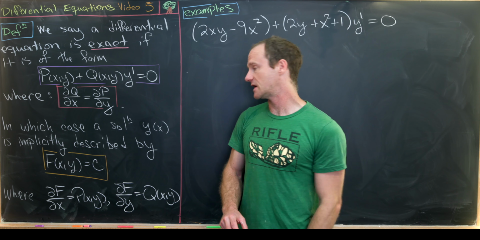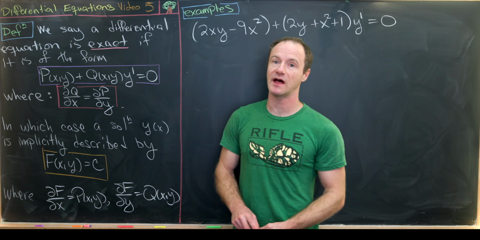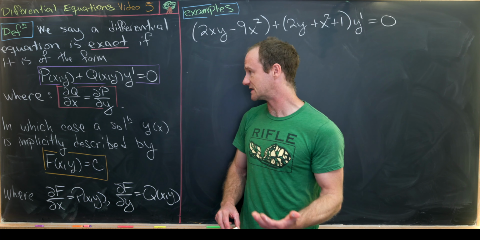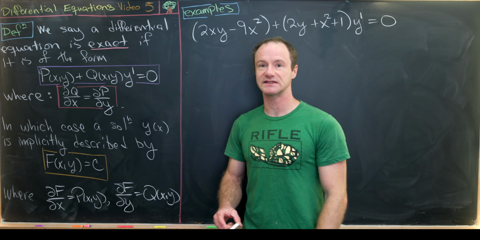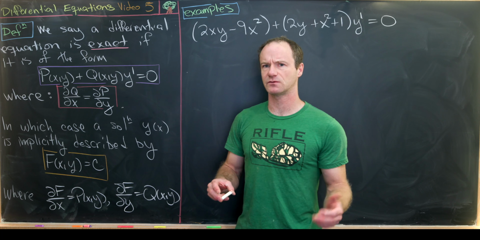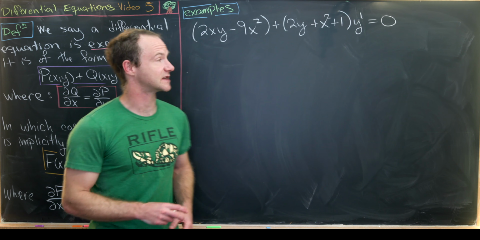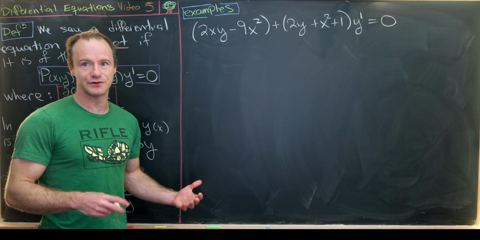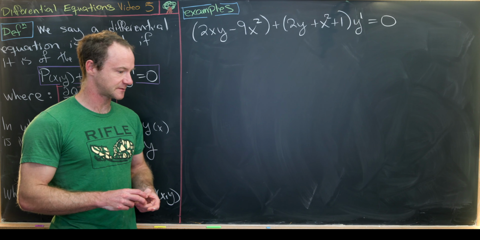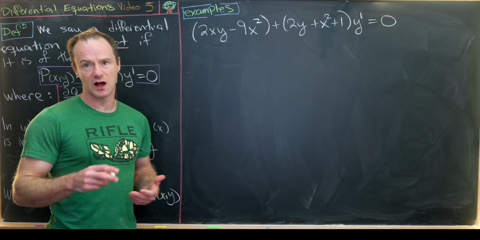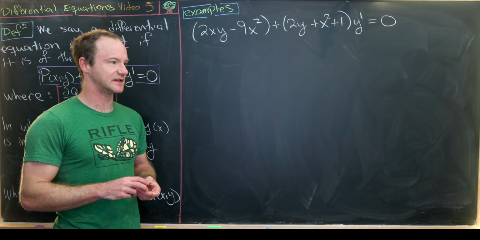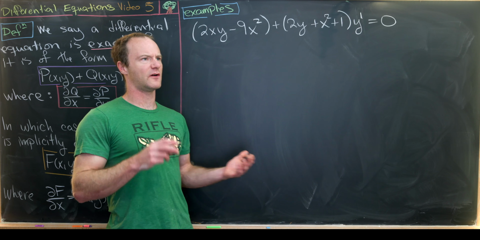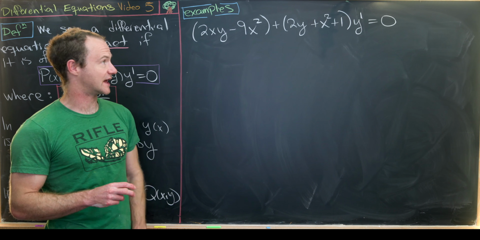And like we said before, this function capital F is guaranteed to exist based off of this exactness condition and some results from a multivariable calculus type class. So now let's go through some examples. And as you've seen in previous videos, once we've gone through a couple of examples, it's pretty easy to extend those as they all follow a similar strategy.